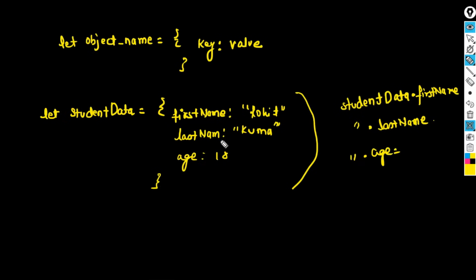And remember this is not equal to, this is colon. We are giving colon. So this is what we call a key value pair, and this key value pair is called a property. This is a property of an object. For you, student, first name and last name and age are three properties of a student.